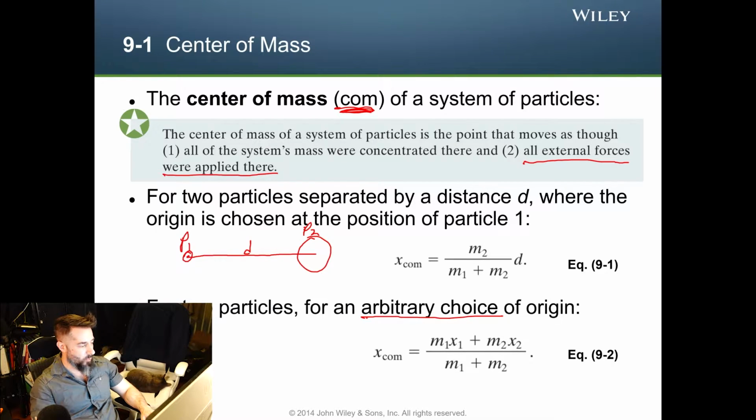So we're going to say we have our x and y system, y-axis, x-axis, and then we have the same situation. We have a small particle and a larger particle. Same deal, particle 1, particle 2, and then you're going to have some distance from some place that you've specified as the origin.